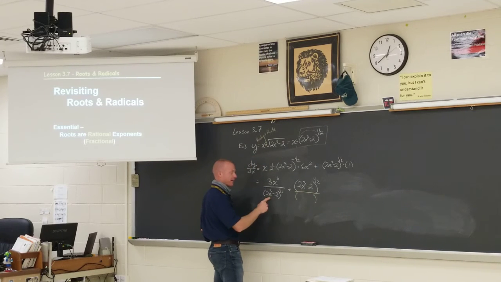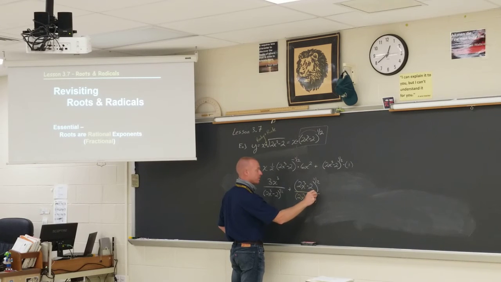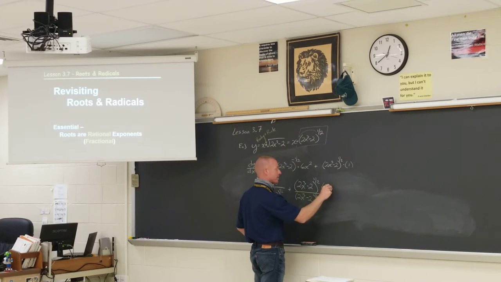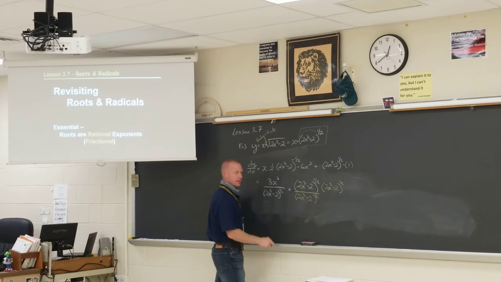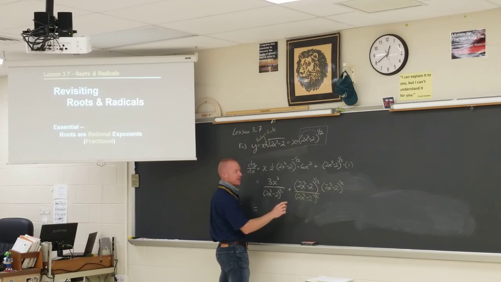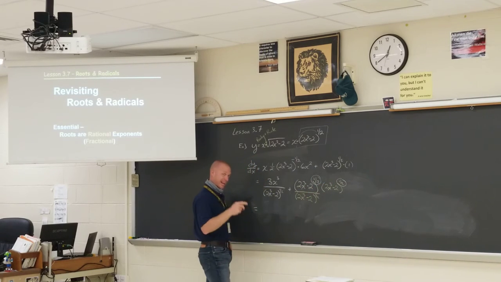Now the common denominator is this denominator, 2x cubed minus 2 to the 1/2. But of course I have to also put a 2x cubed minus 2 to the 1/2 in the numerator. Now this is very common for this kind of problem, and that is that we have these 2x cubed minus 2's with each of them having an exponent that we can add.